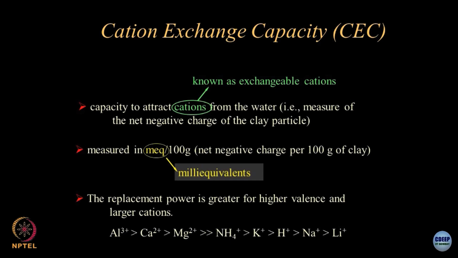The unit of cation exchange capacity is milliequivalents per 100 grams, and this is how the replacement series is. Alumina has a tendency to replace calcium. Look, the valence is 3, the rest are 2 and 1: calcium, magnesium, ammonium ions, potassium, H ions, sodium ions and so on. So, depending upon what you are trying to do, where you are using these minerals, you can use them.